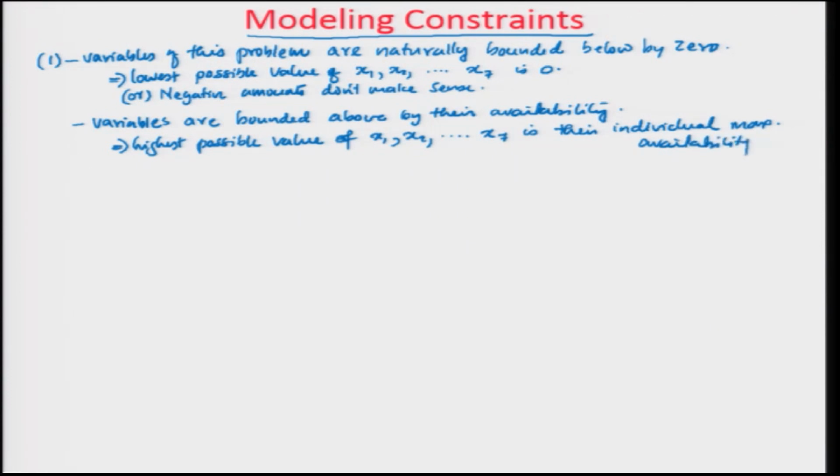So how many kilograms of each are available is the maximum value. Or you cannot use a particular raw material more than what you have.